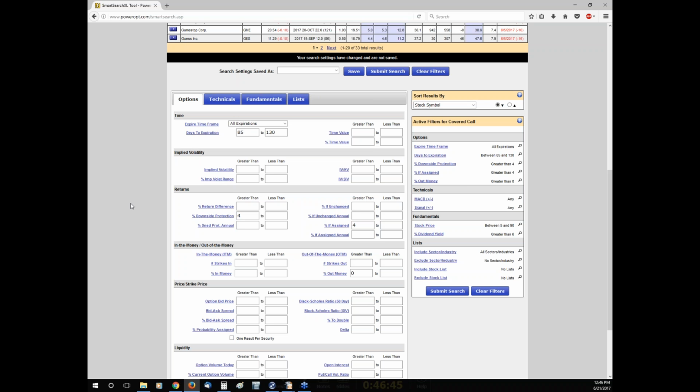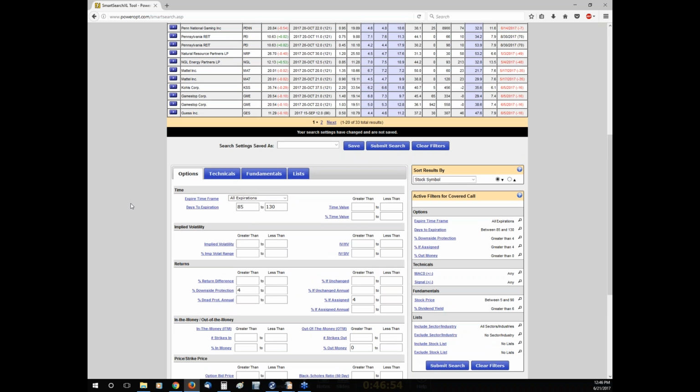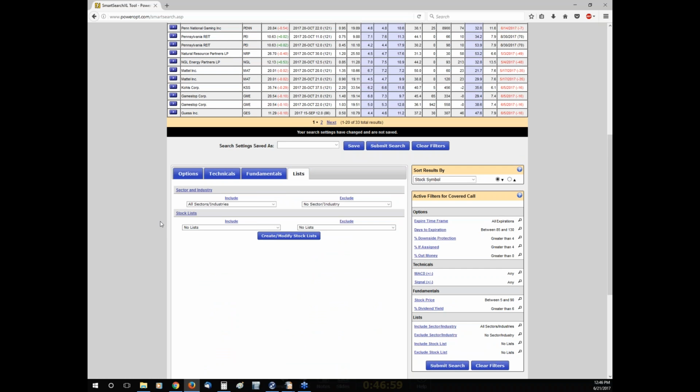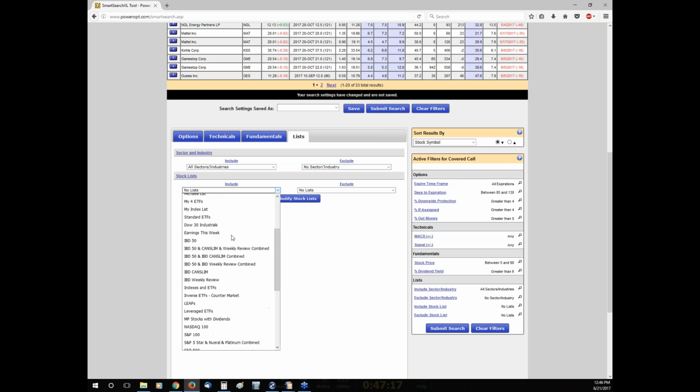You're not bouncing back and forth between a stock list and then a spread view, one stock at a time. Everything that comes up in these results matches specifically your needs and your requirements. And of course, if you do just have a stock list, or you don't know what you're screening for, you can go into the list field, you can create your own personal stock list and screen just against that for the return, expiration time frame, and more that you want against your required stocks, or you can choose one of our defaults.